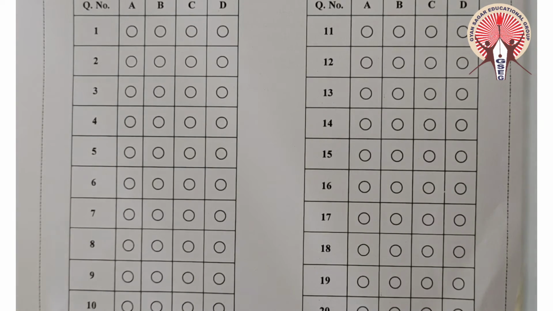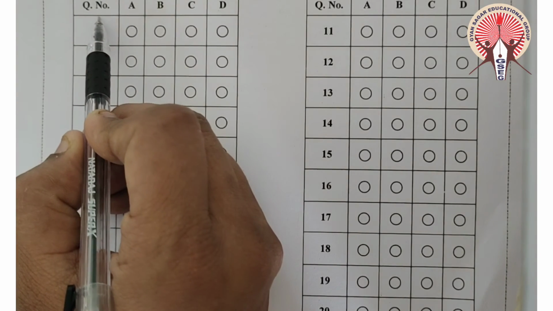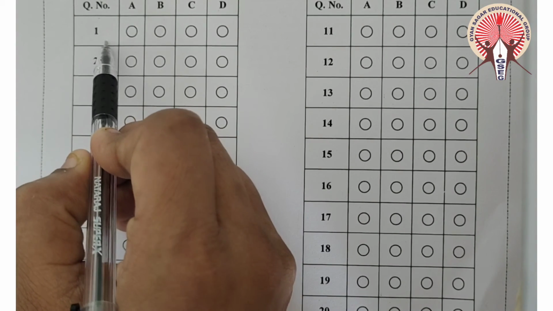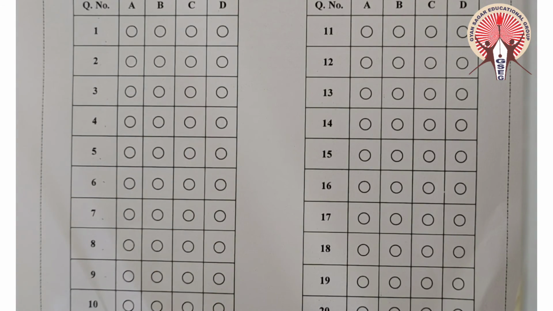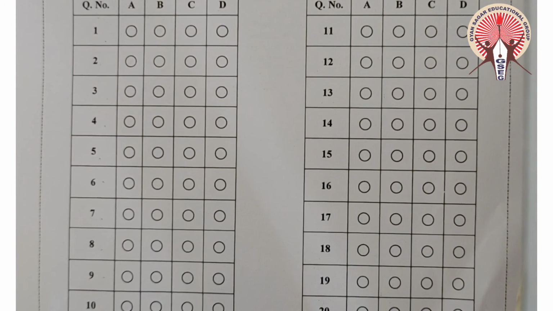After filling all the information, you will see the next box. In that you will find 20 questions. Here the question number is written: question number 1, 2, 3, 4, 5, 6, 7, 8, 9, 10. In the same way, 11 to 20 are written here.